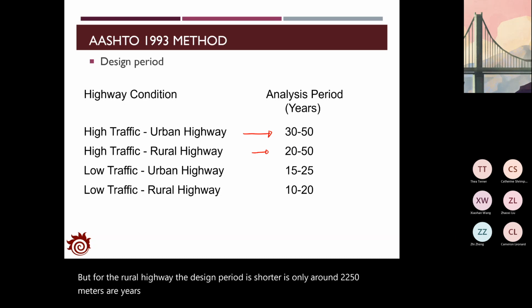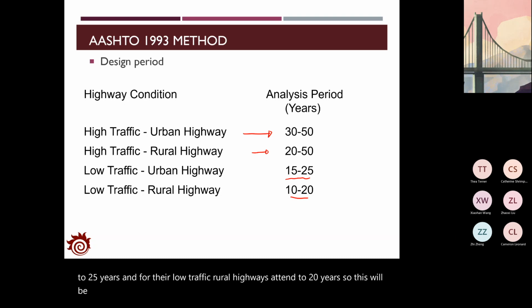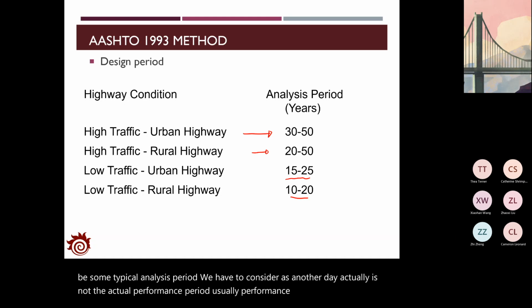For the low traffic urban highway, the design period is 15 to 25 years, and for the low traffic rural highway, it's 10 to 20 years. So these are typical analysis periods we have to consider. It's not the actual performance period. Usually, the performance period is shorter than this one.